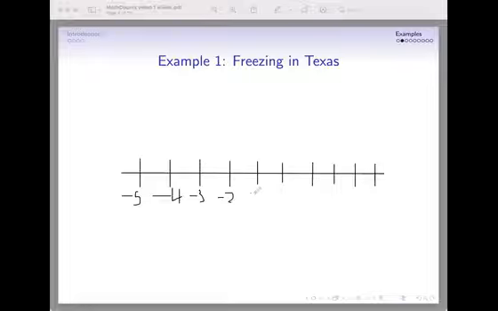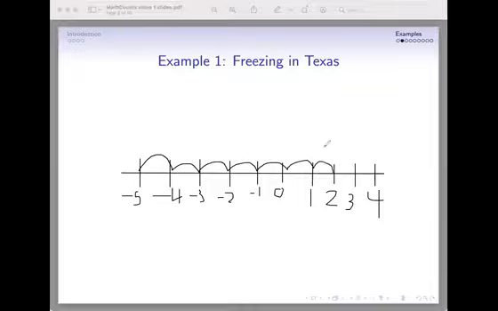You can fill in what those should be. So 1, 2, 3, 4, and we're being asked to find how many degrees warmer it got. So that would be 1, 2, 3, 4, 5, 6, 7, right? So this is 7.